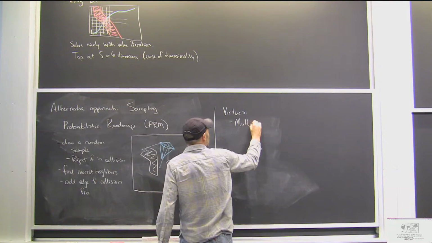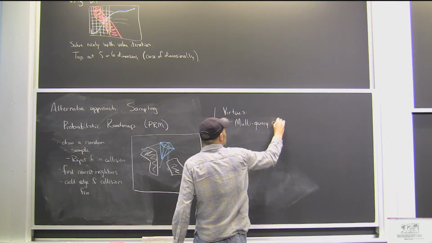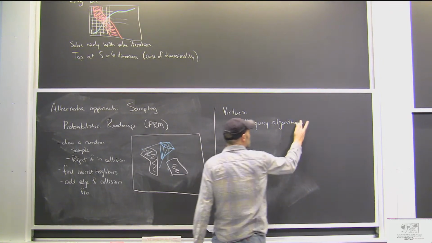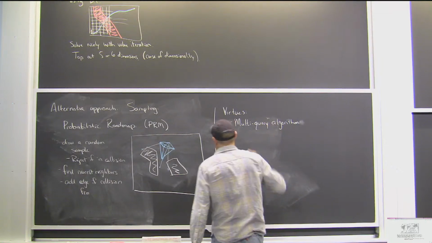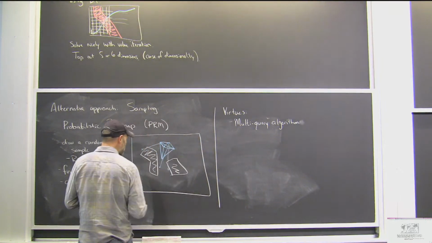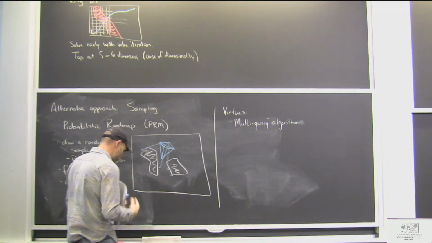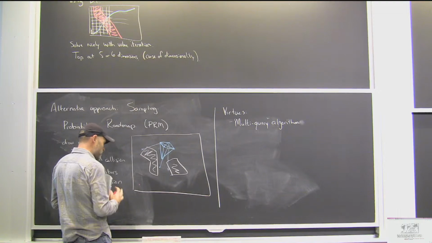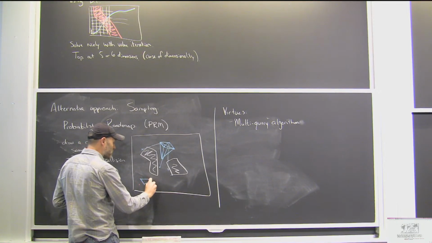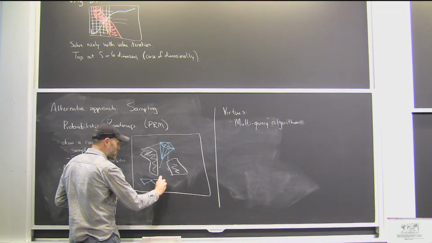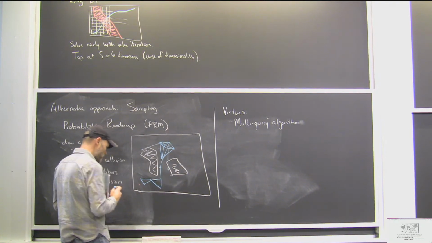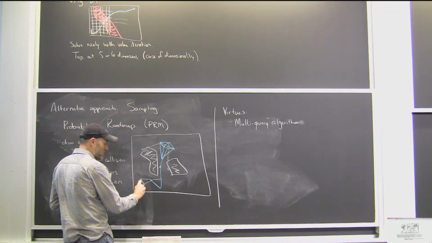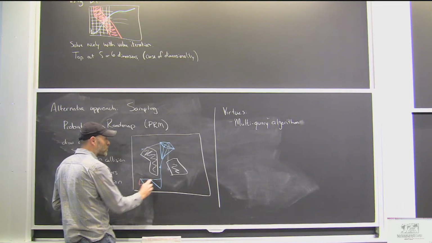People consider it a multi-query algorithm, in the sense that if I were to have made a big graph, like the one you see there, and I now want to solve a planning problem, and I take my new starting point, and I have some graph of points here that's connected up, all I have to do is add an edge from this to the local neighbors from my new start point and my new goal point.